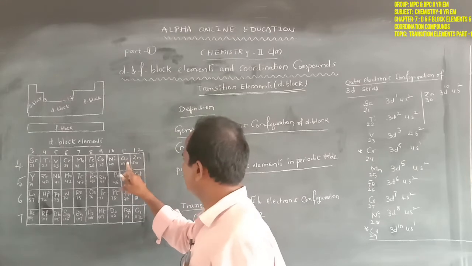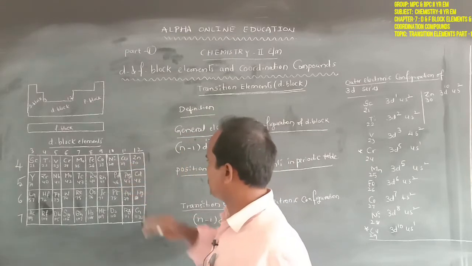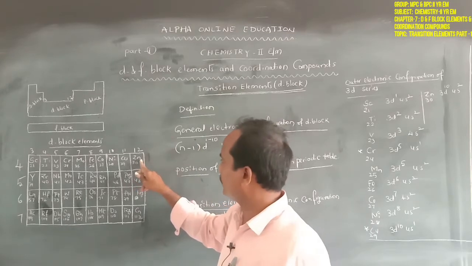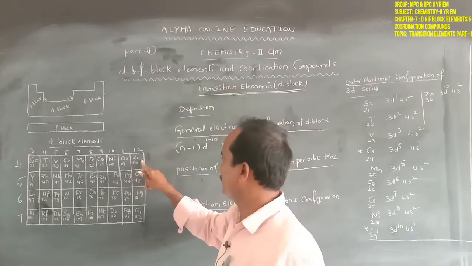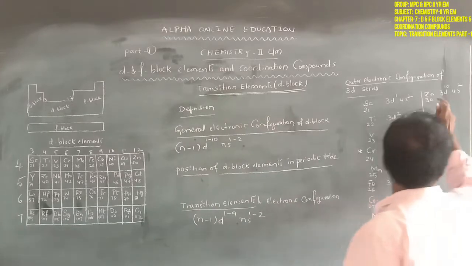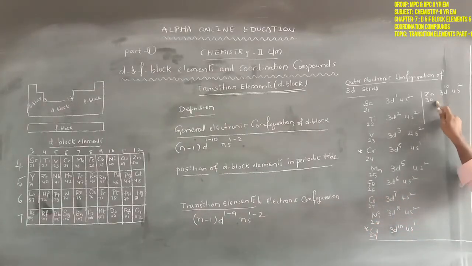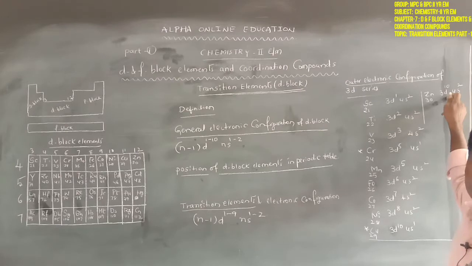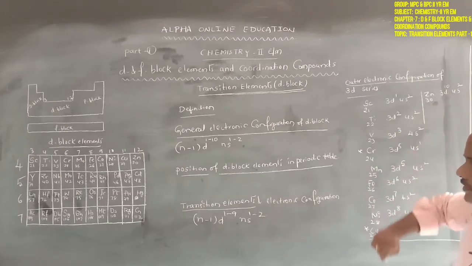But zinc is a d block element and is not considered a transition element, because when you observe its electron configuration, it has a d10 configuration. That's why zinc is d block but not a transition element.